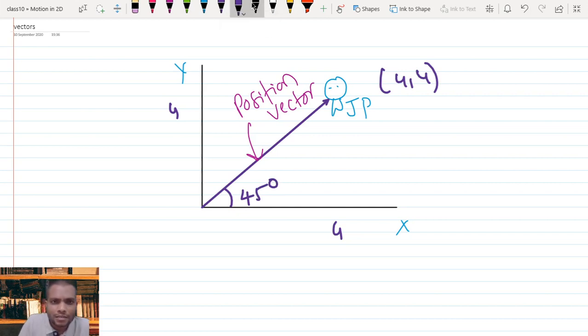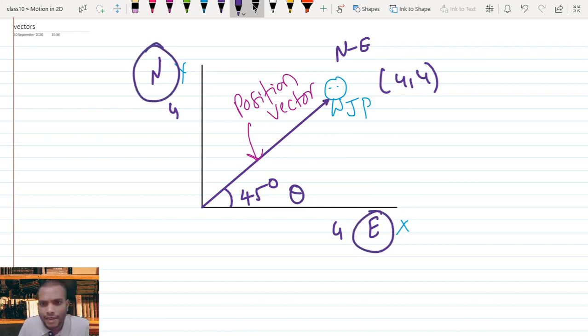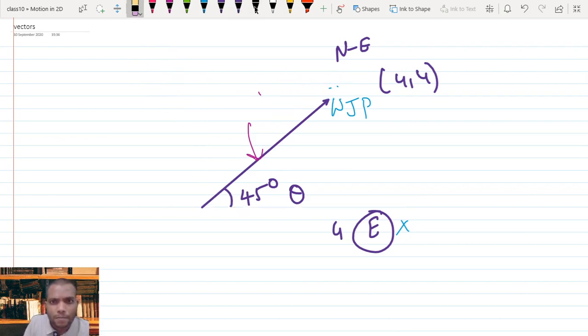Or if this is north and this is east, I am here in the northeast direction. So either the angle theta or these directions we can use to represent it. This is known as the position vector.